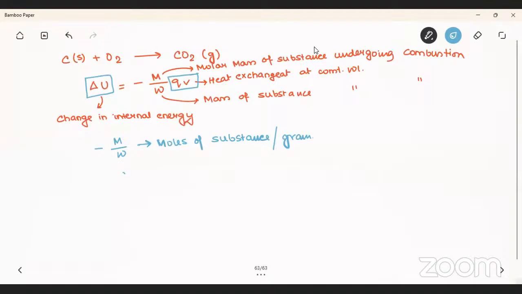Now, QV. This QV is the heat exchanged at a constant volume. In our previous class, we learned that QV is equal to C delta T, where C is the heat capacity and delta T is the change in temperature. We derived this formula when we covered the definition of heat capacity.